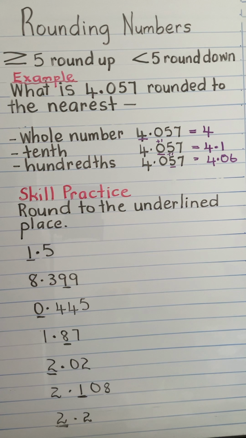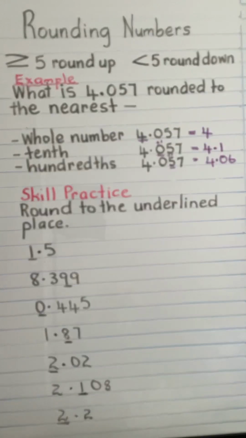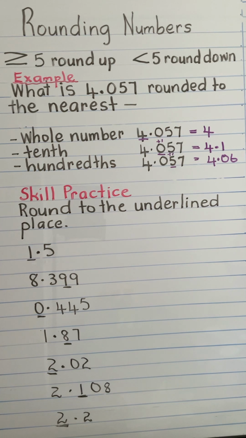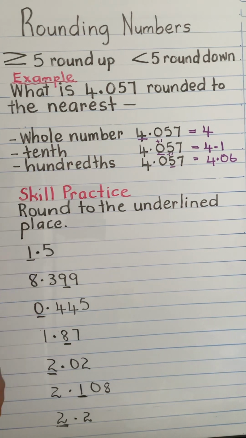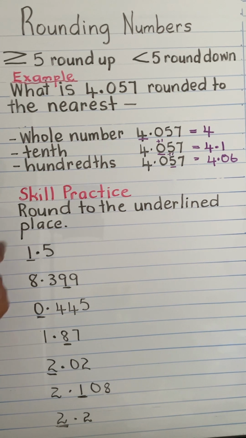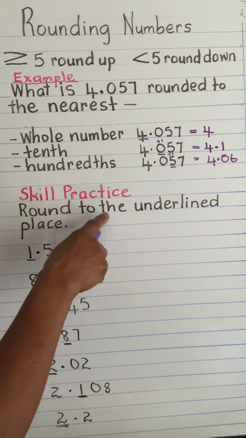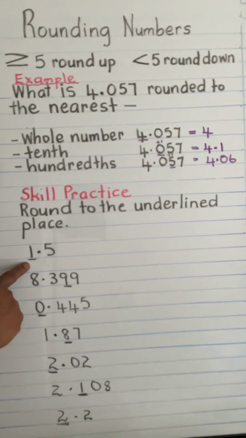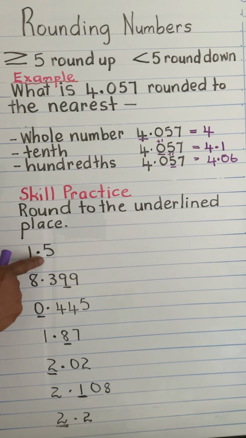Okay? Just follow the rule and it will be very straightforward. So let's go into our skill practice and see how well we do. Round to the underlined place or the underlined number. So the first one is 1.5. This place is the ones place, the whole number place.